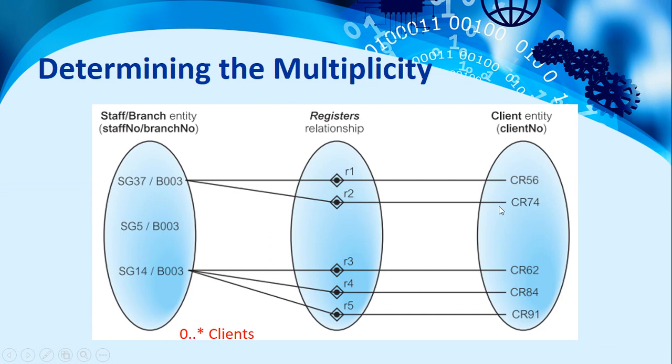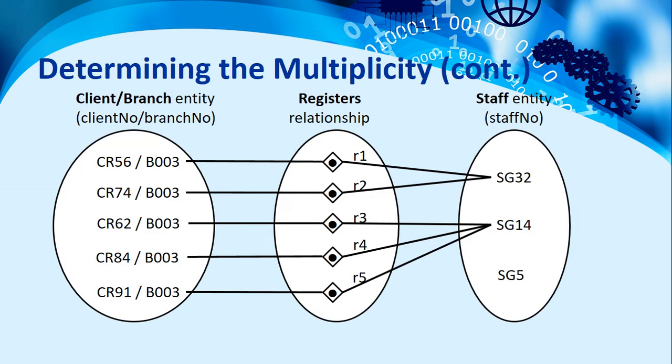Same procedure as the other one. Regardless of what is here, as you notice, the staff entity registers a client in a certain branch. It doesn't matter. What we look at is that they register only one staff.